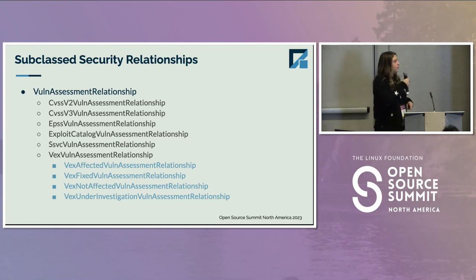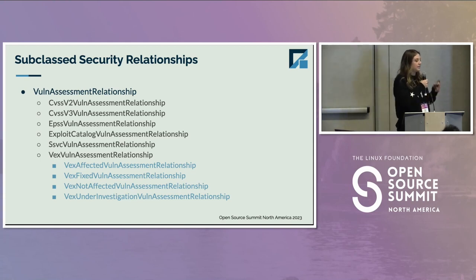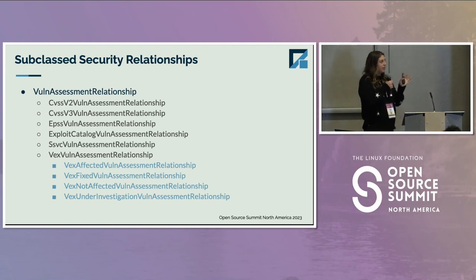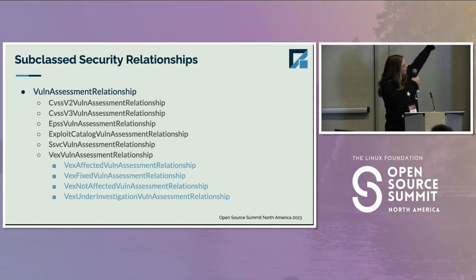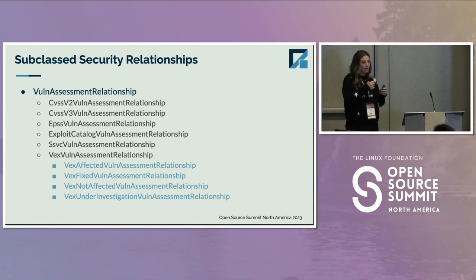So in order to communicate assessment of a vulnerability, which is essentially severity, we chose to use relationships. And that's because you can kind of model metadata using a relationship or a property, but relationships are for things that are changing or may change more frequently than something like a property would. So we have this vulnerability assessment relationship, and inheriting from that are kind of these different metrics for scoring a vulnerability.